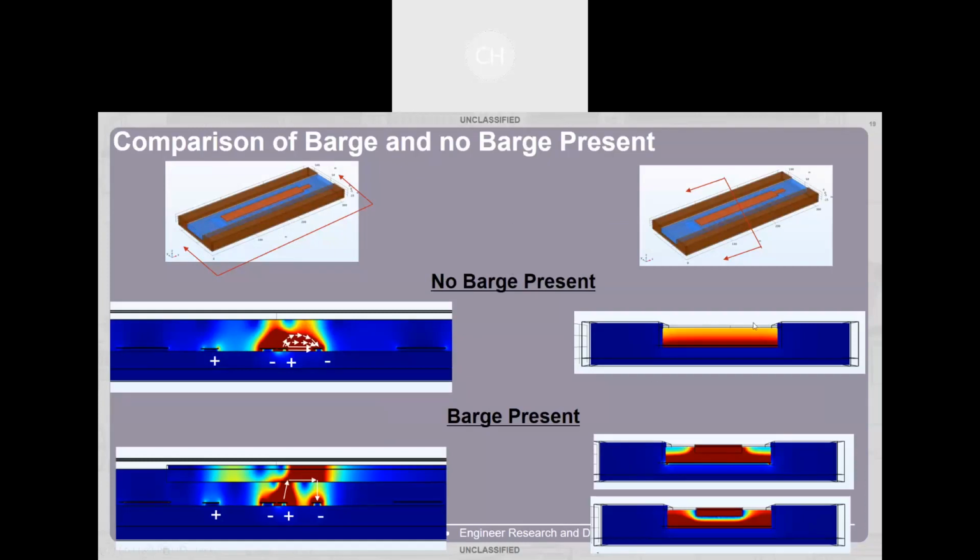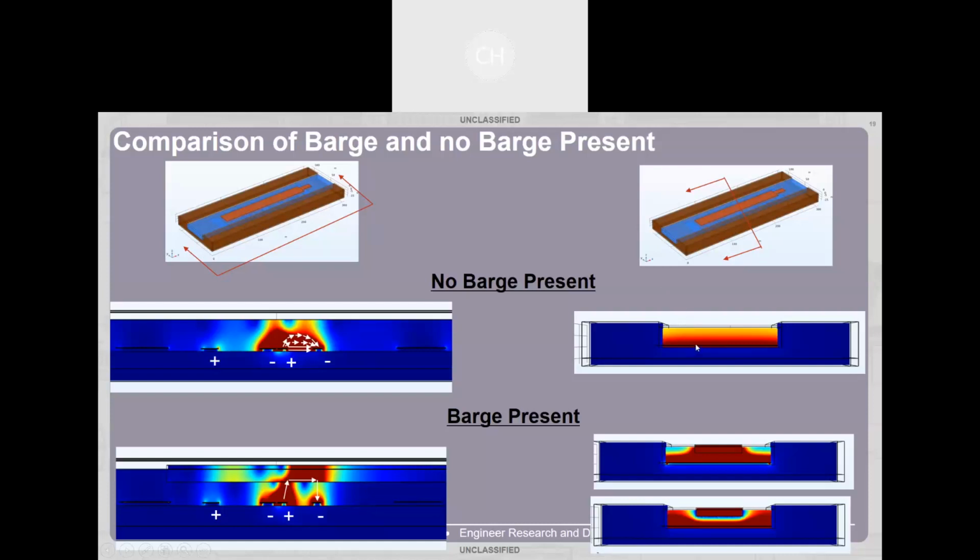So when there's no barge present, right here we're taking a cross section through the canal. And when there's no barge present, and you're looking cross section wise, we see that our electric field is nothing but a function of depth, and that makes complete sense.